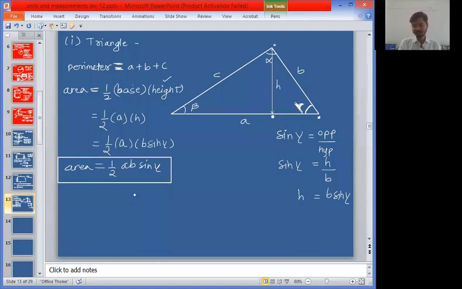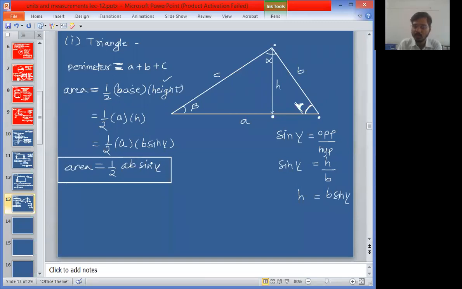Okay, 8th standard, 9th standard. So can you observe? Can I say area of triangle is equal to 1/2 multiplication of adjacent sides A multiplied by B multiplied by sine of the angle between them.